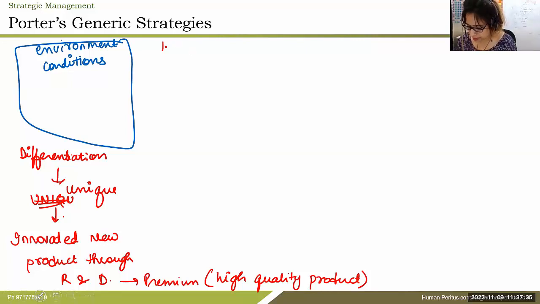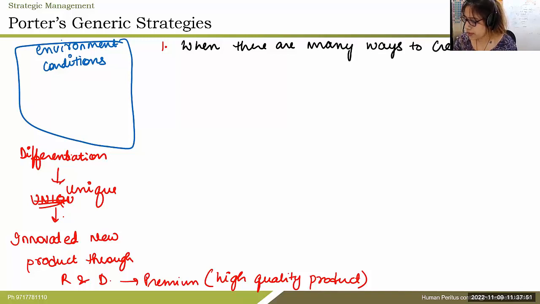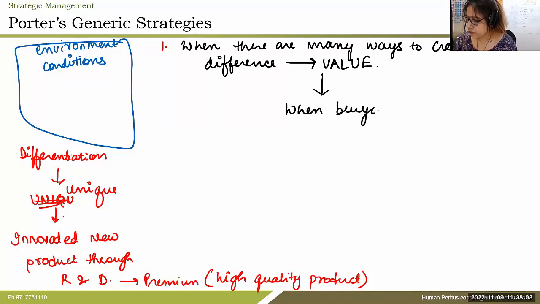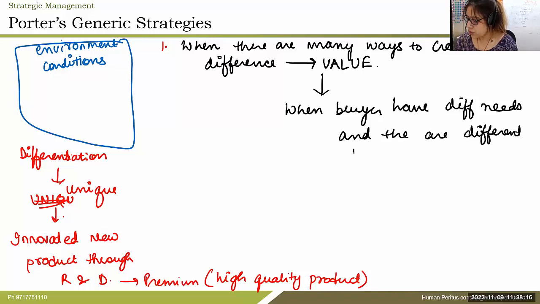The differentiation strategy can be used, number one, when there are many ways to create a difference for which we can have a value, and when buyers have different needs and there are different uses of the product.